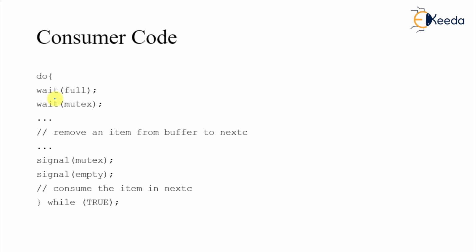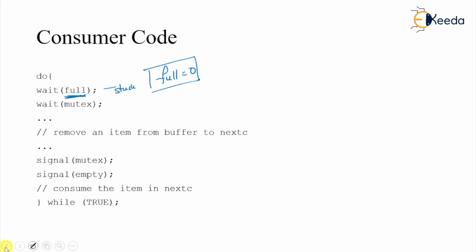If you look at the consumer code, here it waits on full. The consumer will see that if full is equal to 0, and it executes this statement, then it is stuck here.